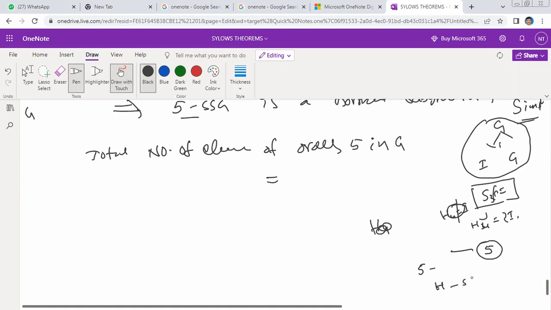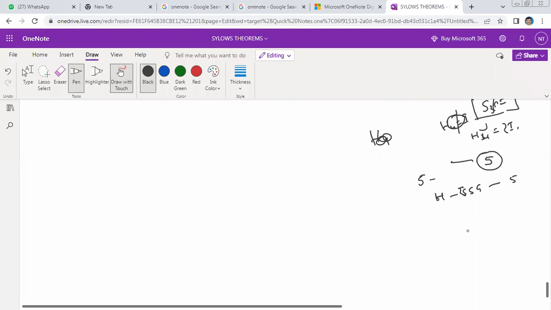It is a 5-Sylow subgroup of order 5. When the order is 5, it contains the identity plus 4 other elements, so 5 elements in total. Since it is unique, the 5-Sylow subgroup of order 5 consists of only 5 elements.